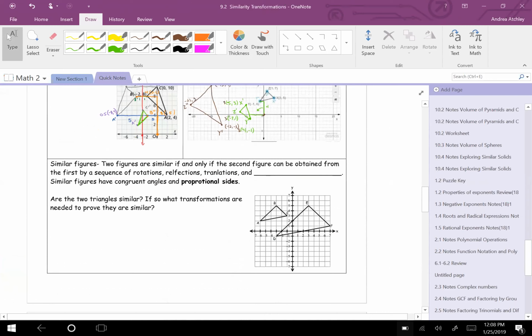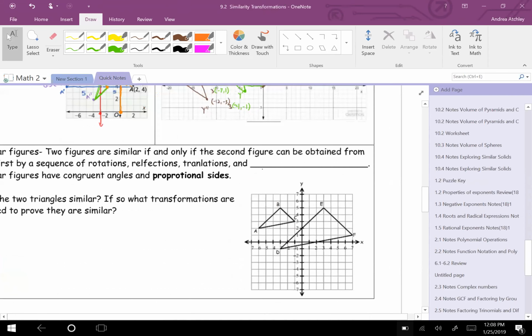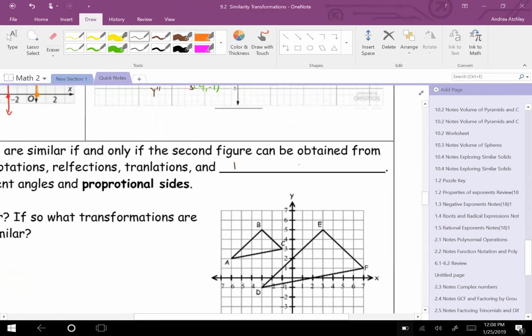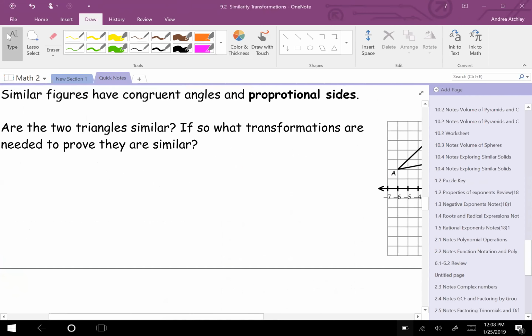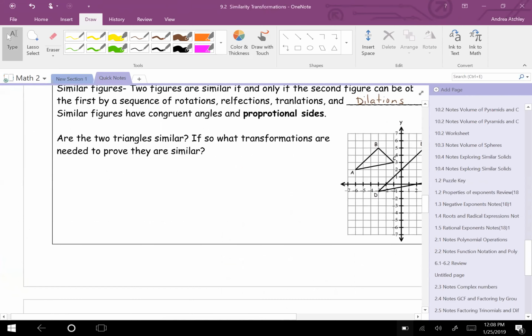Similar figures: two figures are similar if and only if the second figure can be obtained from the first by a sequence of rotations, reflections, translations, and dilations. Okay, so we didn't get through all of the notes.